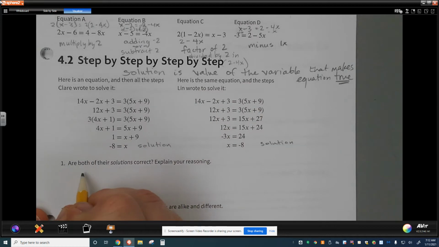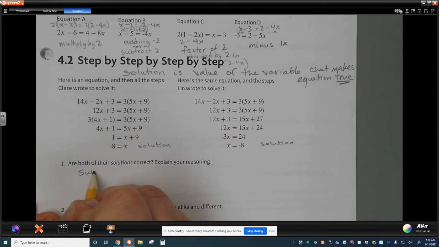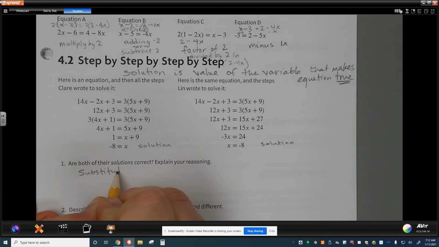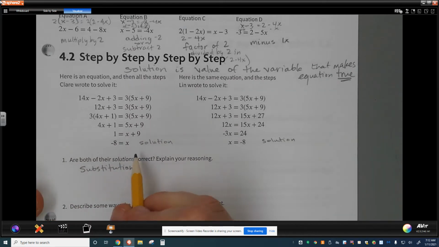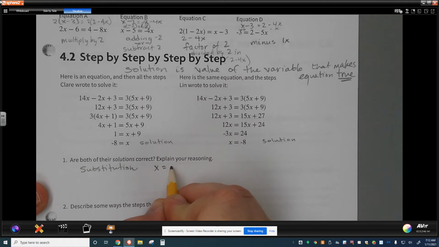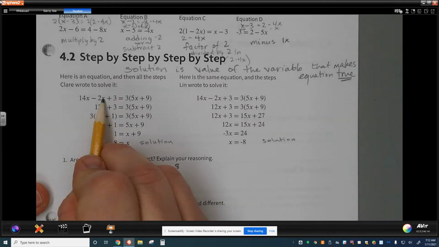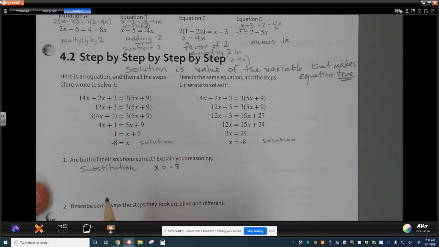The way that I determine that is through substitution. By using substitution, we take our value of x is equal to negative 8, and we plug it back in wherever I saw an x in the original equation.